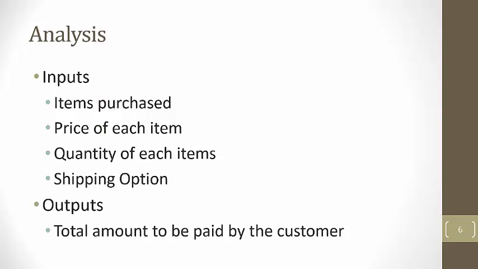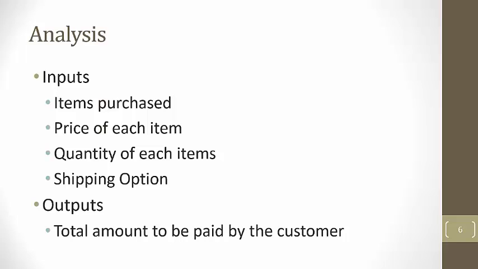We have the customer who needs to specify the items that need to be purchased, the price of each item, entered by the customer, or more likely given by the website or provided initially in our database. And then we have the quantity of each item to be purchased, and that would be an input by the customer. And then we have shipping options.